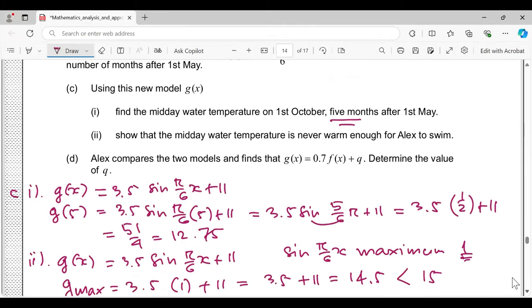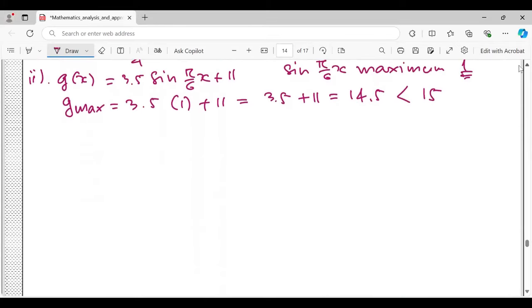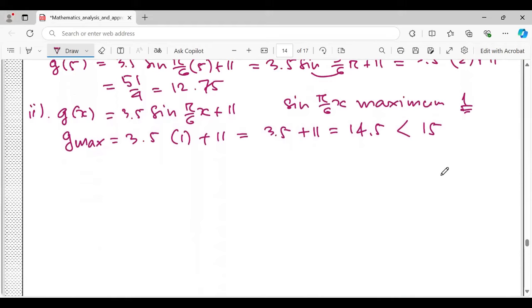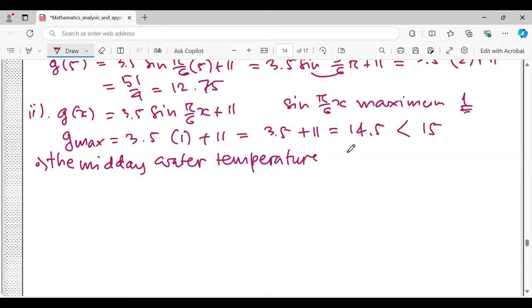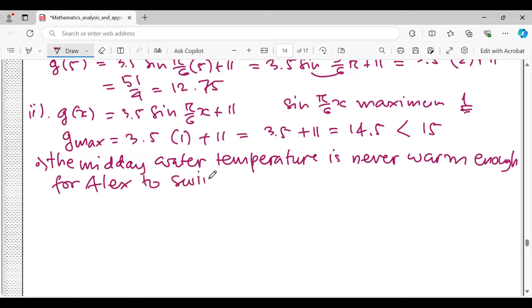So we can write the conclusion that the midday water temperature is never warm enough for Alex to swim.